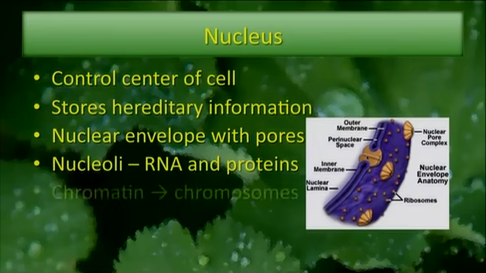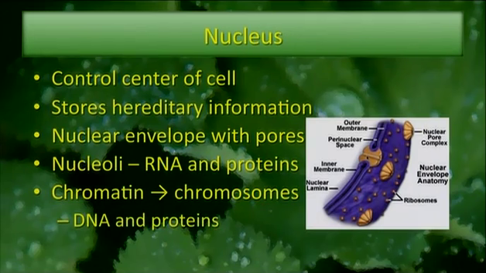The nucleus is very important because it stores genetic material, DNA, usually in the form of chromatin, which means colored threads. When chromatin condenses, it forms chromosomes, or colored bodies, which are made up of DNA and proteins.